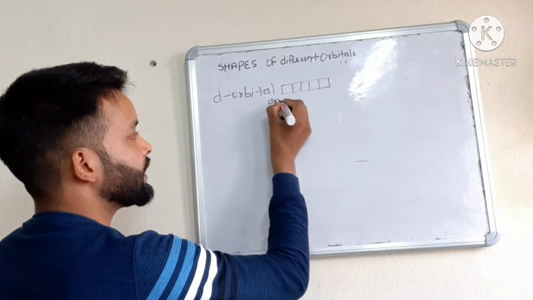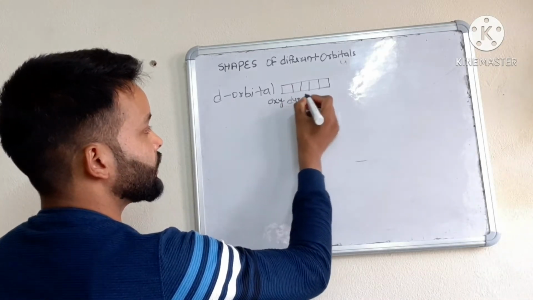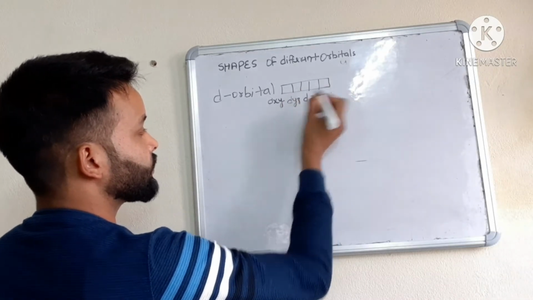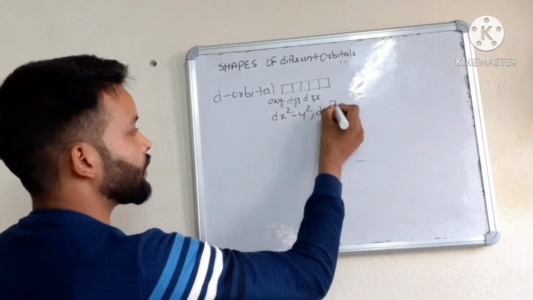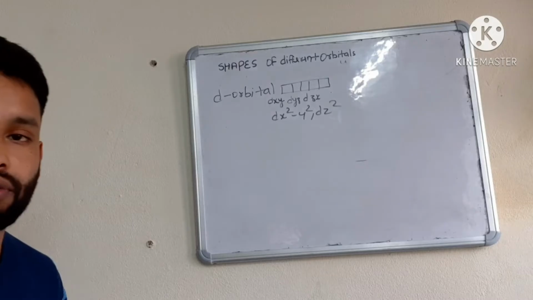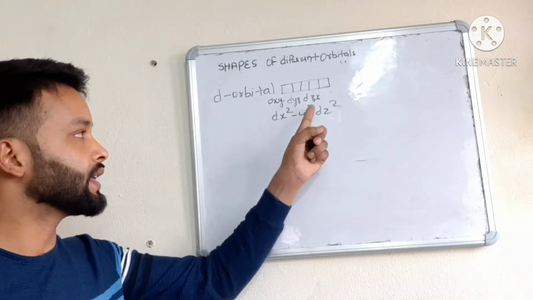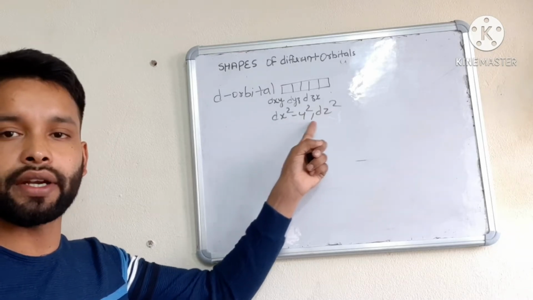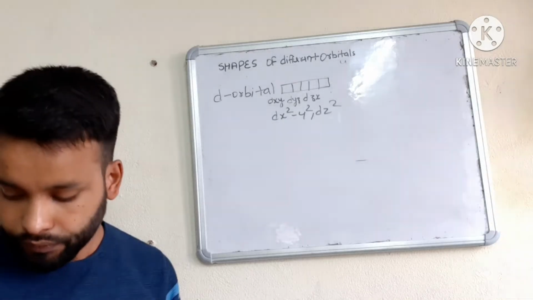First one is dxy, second is dyz, then dzx, fourth and fifth are dx square minus y square and dz square. So these are the names of the five d orbitals: dxy, dyz, dzx, dx square minus y square and dz square. One by one I'll draw these orbitals.